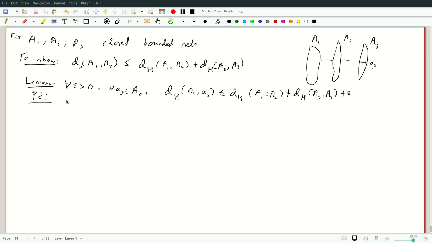Okay, so by definition of distance between the set A2 and A3, so that, remember, is a supremum, the infimum. So there exists A2 in A2 such that the distance between A2 and A3 is less than or equal to distance between the set A2 and A3 with an error of epsilon by 2.